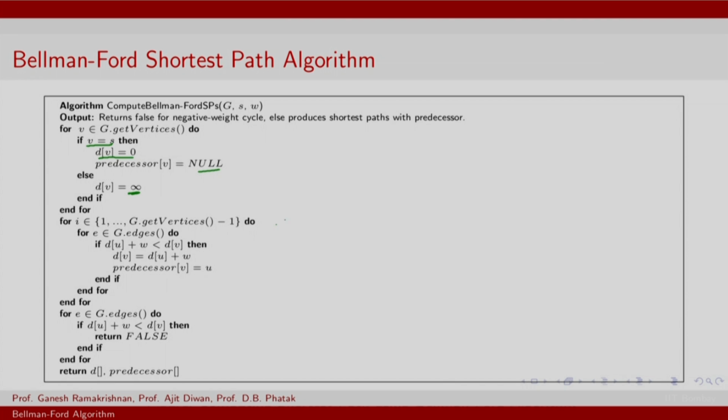And then, as suggested, we are going to iterate over all the edges in this inner loop, and we are going to do that a number of times that equals the number of vertices minus 1. So recall that this is, in the worst case, the so-called width of the graph.